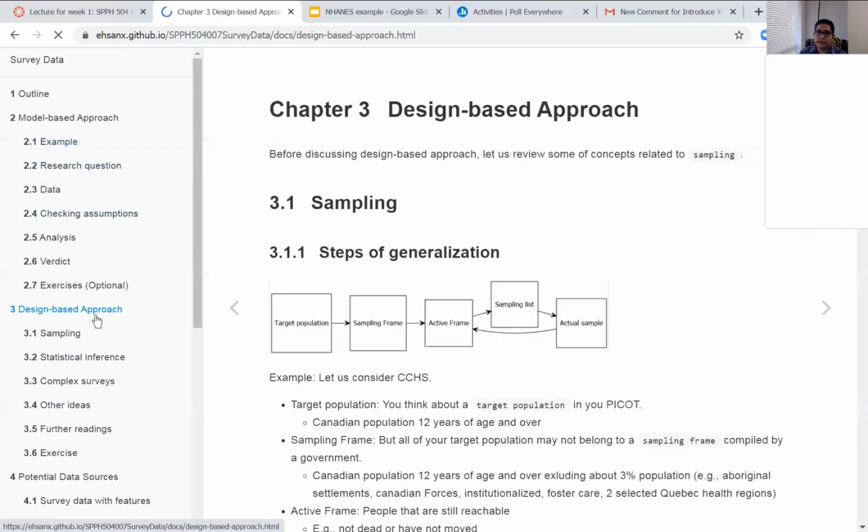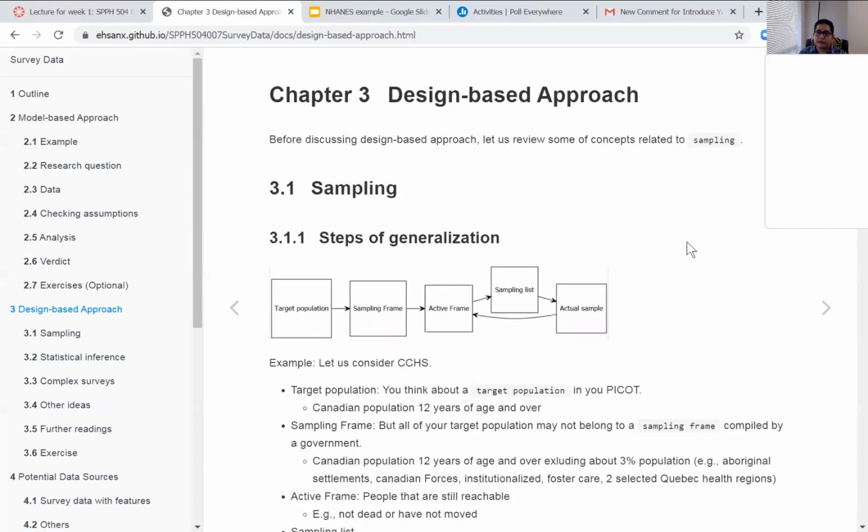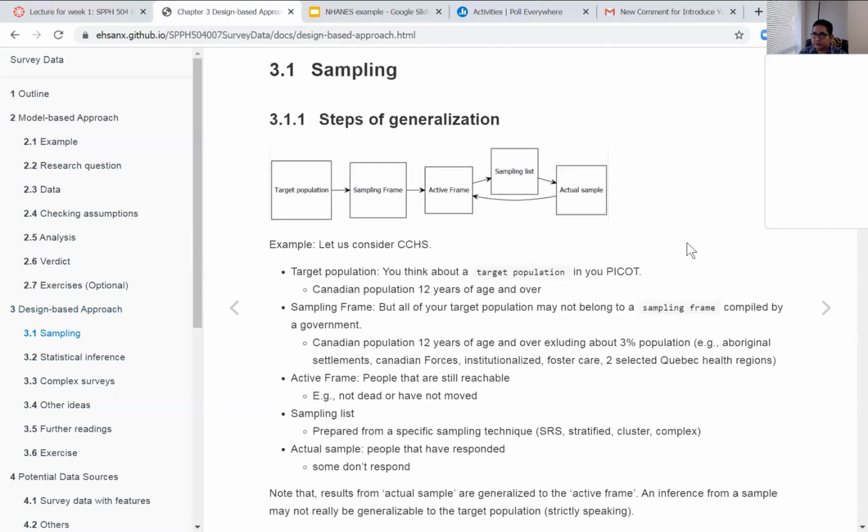So in this course, we will deviate from that assumption to some extent. And before I explain what the design-based approach is, let me explain some of the basic ideas of how sampling is done. That will help you then understand what this design-based approach is.